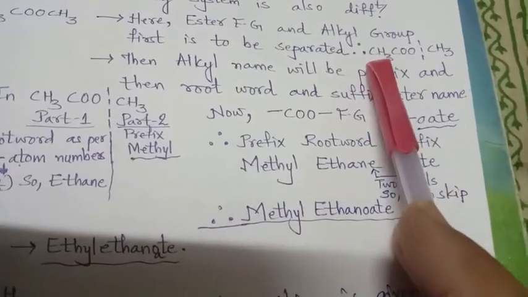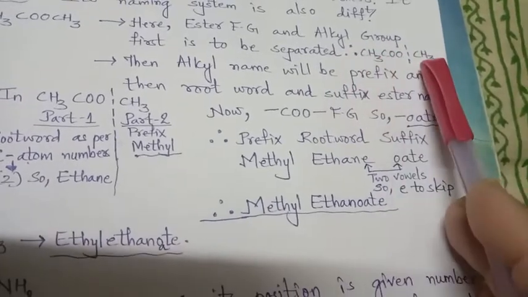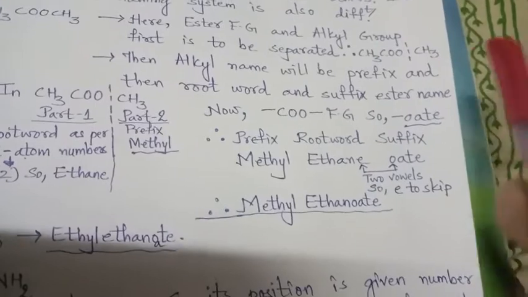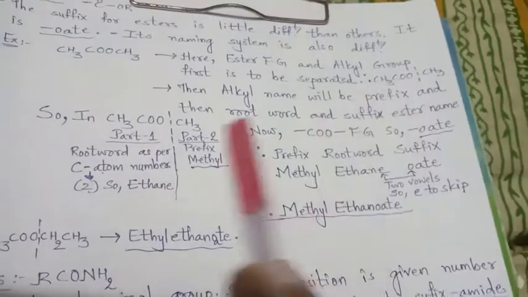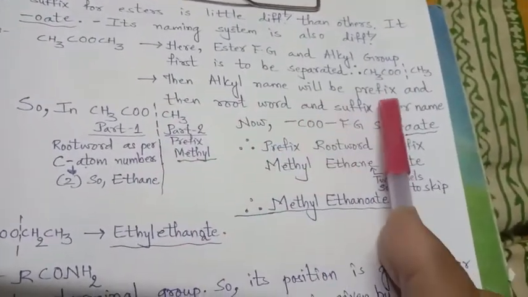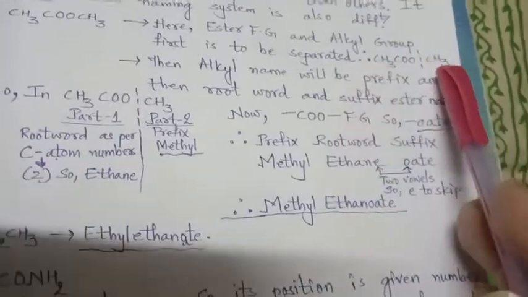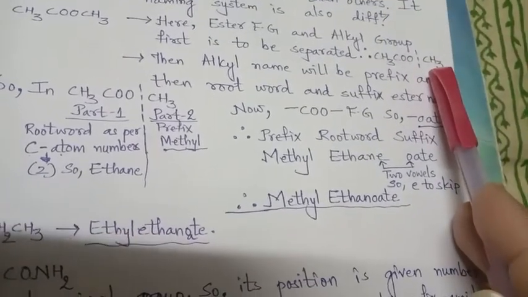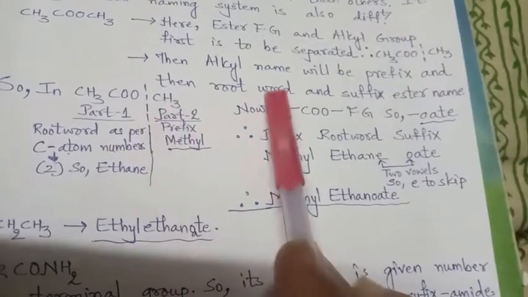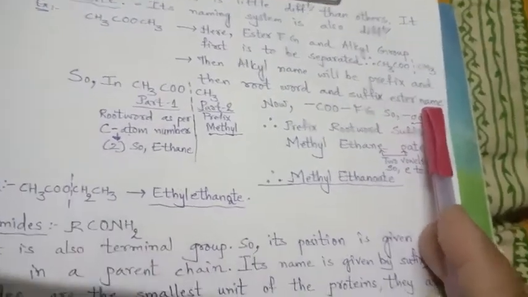So here I have separated CH3 C double O and CH3, plus and minus attached, and this is CH3 plus, so there will be further attachment. So we separate them here, CH3 C double O, and then the alkyl name will be the prefix. So if we have separated this, that means the C double O is along with this CH3, then we will see which alkyl group R is, and it will take the prefix, right? Prefix will be first, then root word, and the suffix will be the ester's name, correct?